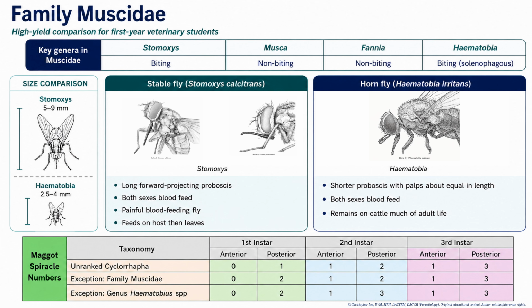Hematobia irritans, the hornfly, is smaller, usually about 2.5 to 4 millimeters. It has a shorter proboscis, about equal in length to the head, and it remains on the cattle for much of its adult life. That host association changes the clinical picture because the animal experiences repeated irritation and feeding pressure.